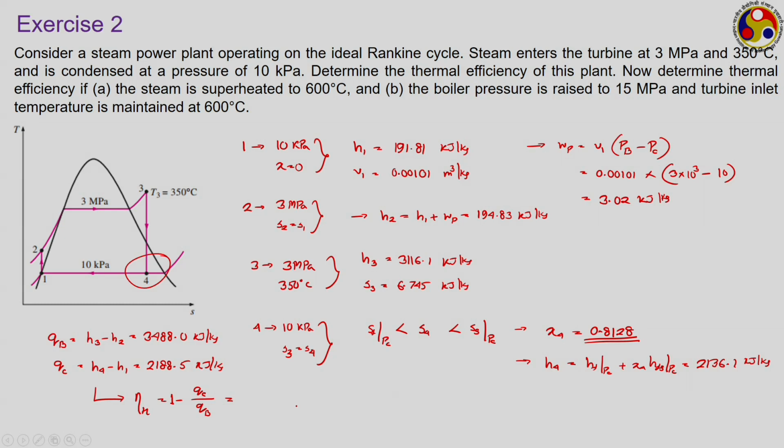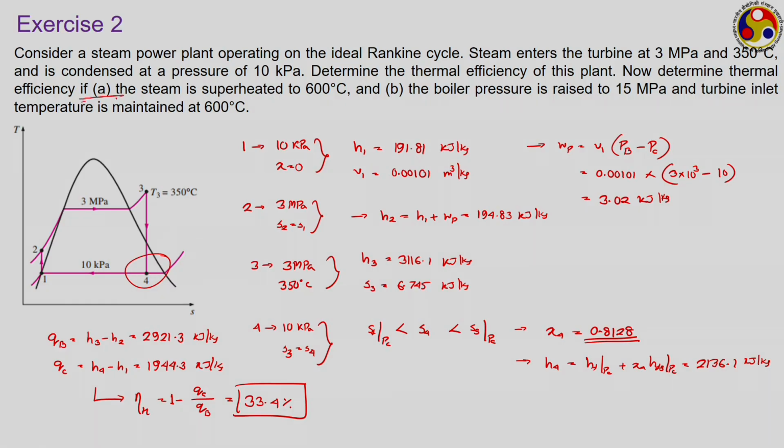Sorry, I have given wrong numbers. I messed up with another one. So, here it will be coming as 2921.3 and it will be coming as 1944.3, and correspondingly the thermal efficiency will be coming 33.4%. So, this is about the first case where we are talking about an ideal cycle.